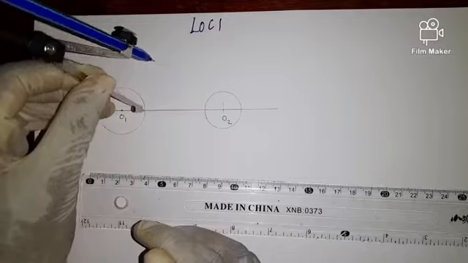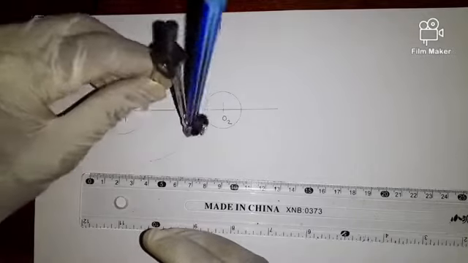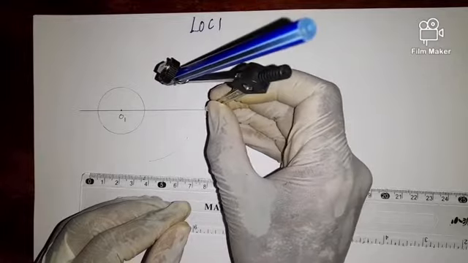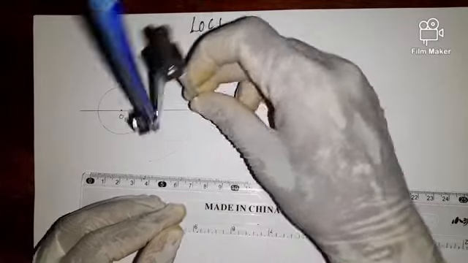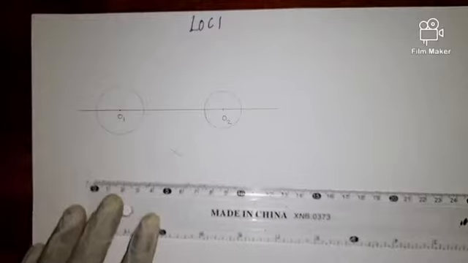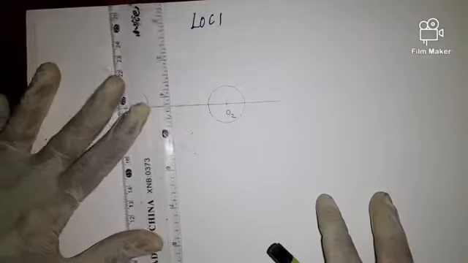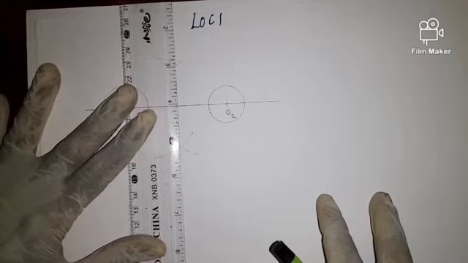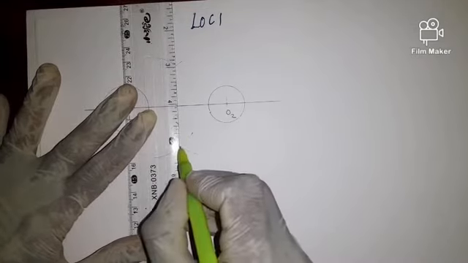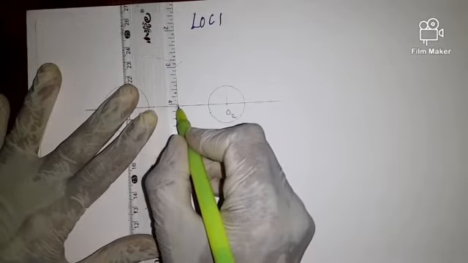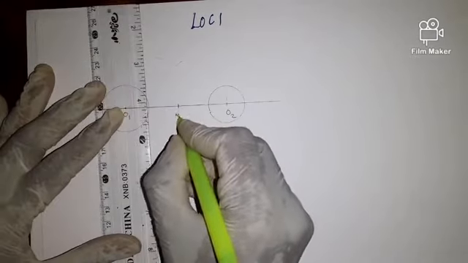We cut there and we cut there. We come back here, do the same, cut and cut. We locate the midpoint by having this point and this point, and we call the midpoint M.